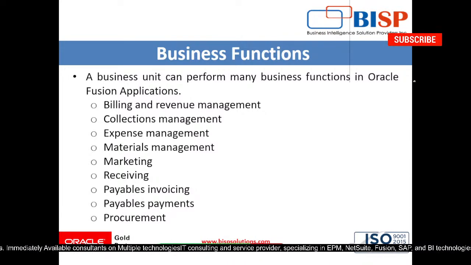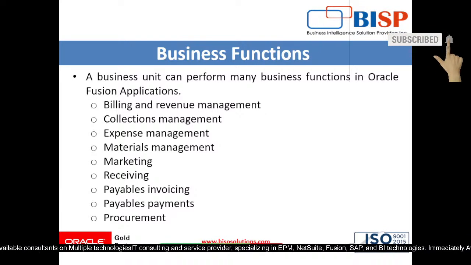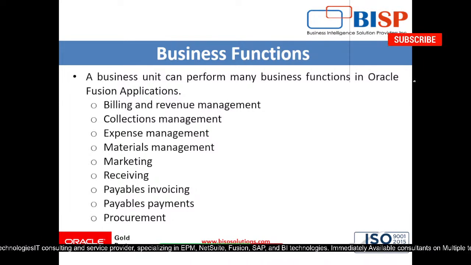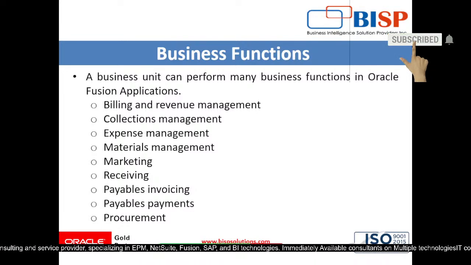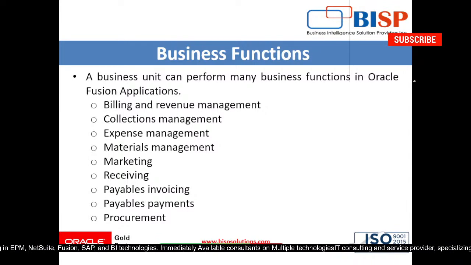So a business unit can perform many business functions in Oracle Fusion, like billing and revenue management, collection management, expense management, material management, marketing, receiving, payables, payment, procurement, and some more business functions like contract management, project accounting, requisitioning, customer contract management, customer payment.